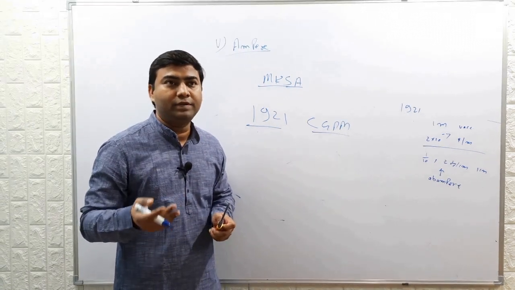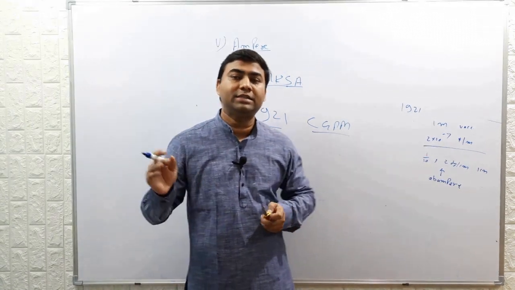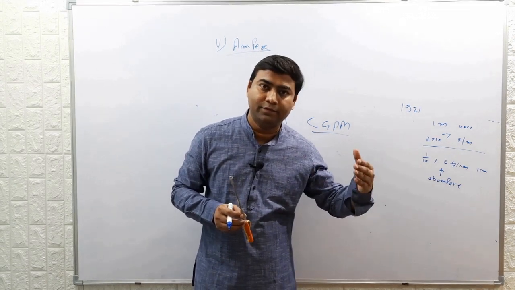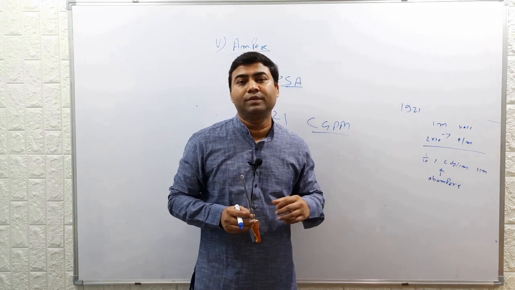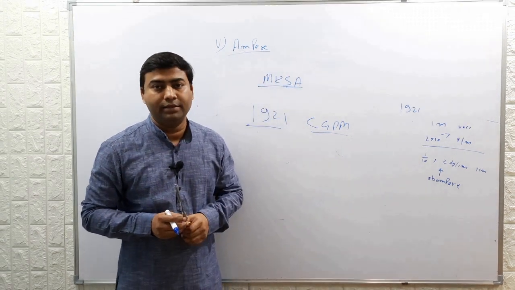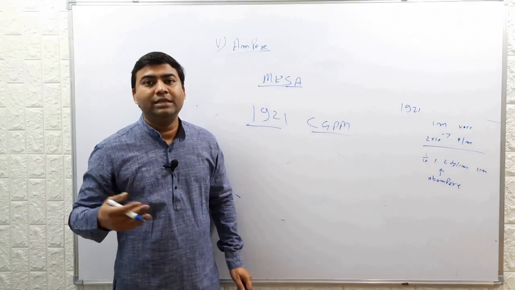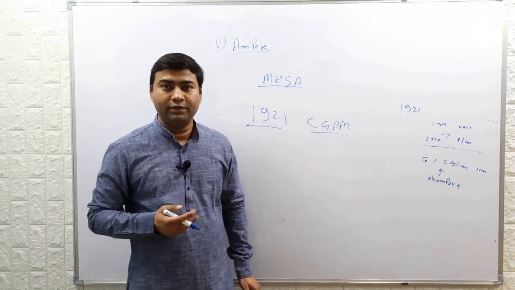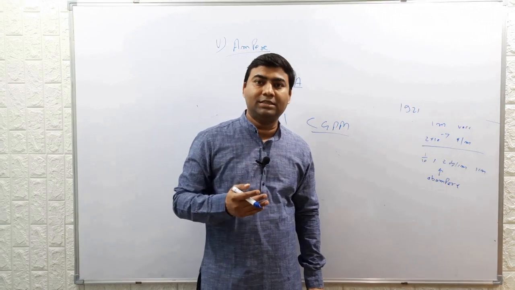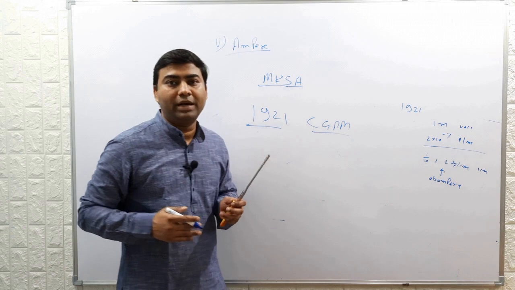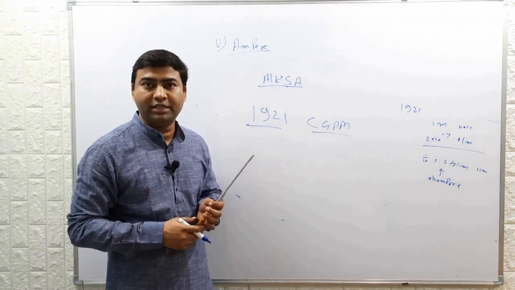The metric system was officially ratified in 1875 by 17 nations. Even though the metric system was adopted by the French much earlier, in 1799, it was internationally recognized in 1875. Whereas the CGS system, which is called the Gaussian system, was parallelly competing with the metric system.